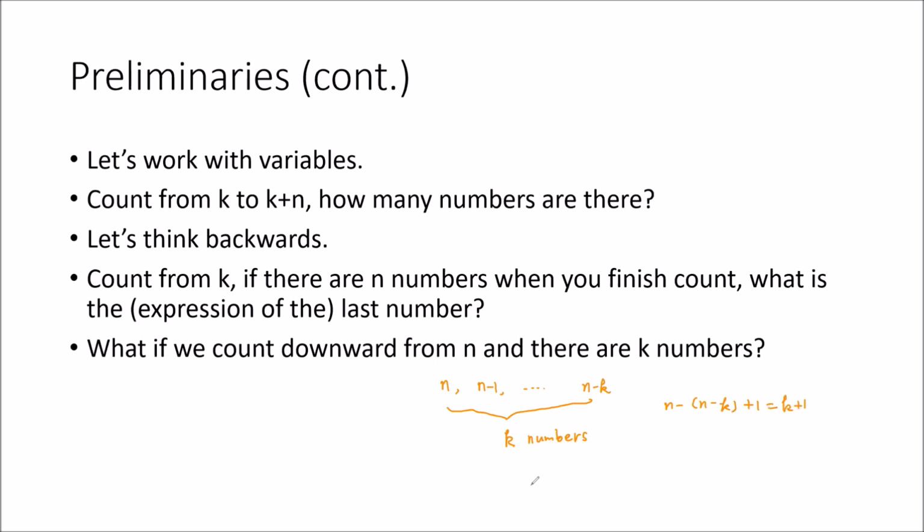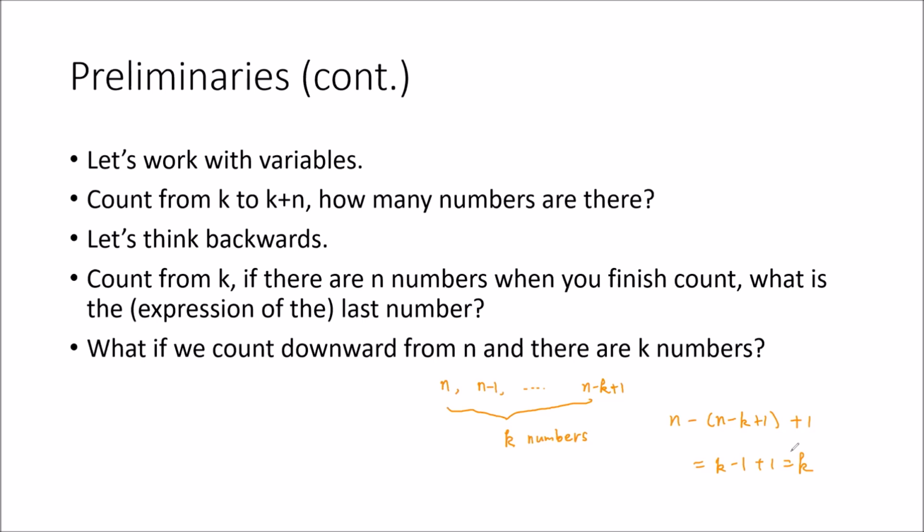That's not what we had. We had actually k numbers. So the last one should be n minus k plus 1. Then n minus k plus 1 minus n, plus 1 in the end, is k minus 1 plus 1, so you get k numbers. That's exactly what we wanted.